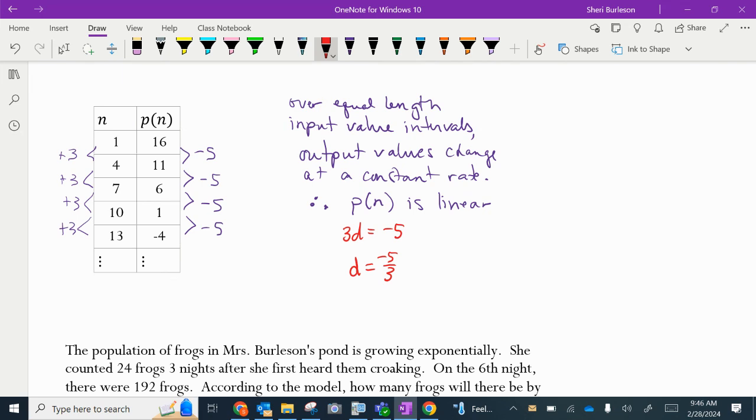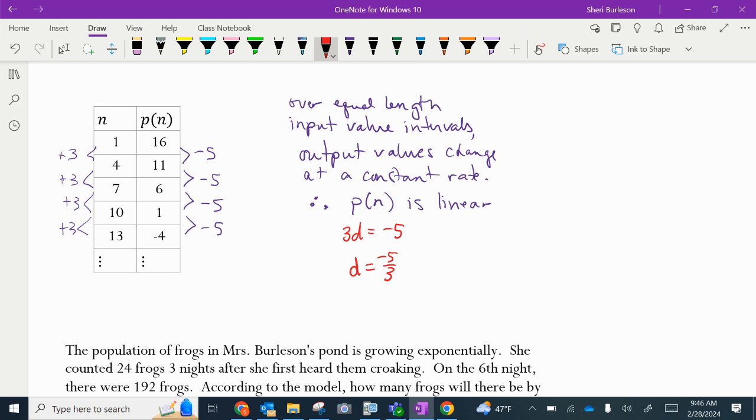Okay. Any questions on that one? Yes. If you don't have an equal input value interval, you could still check for a common difference this way, where you would go 3D equals -5, and then let's say this one is a width of 2. So then you would have 2D equals whatever that change would be.